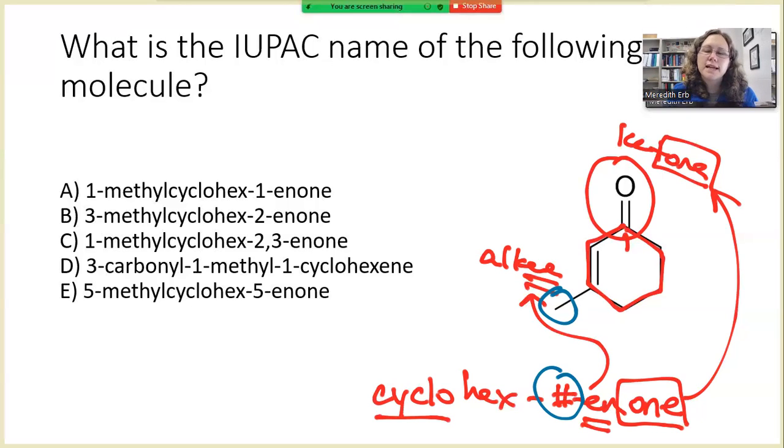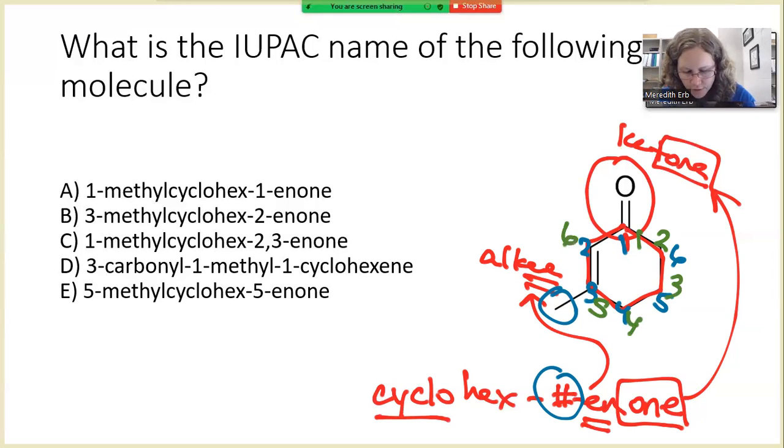Next, let's think about the locants. Whenever you're assigning locants, the goal is to have the lowest possible locants. If we think about the one being where the carbonyl is located, we can number 2 different ways. We could go counterclockwise, or we could do the opposite and go clockwise.